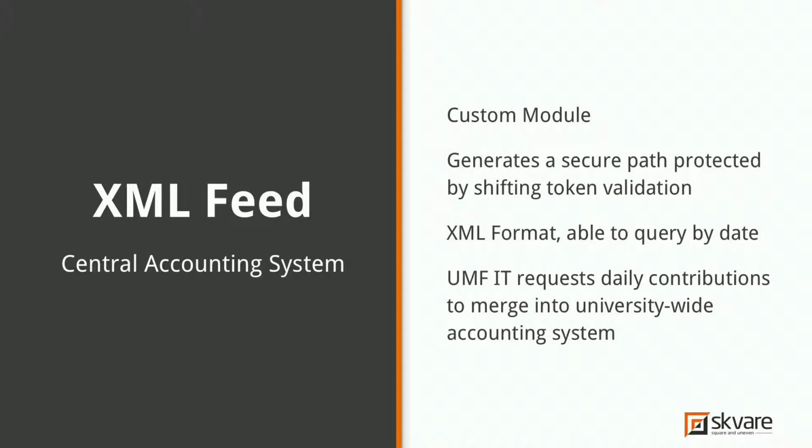We gave them the option to say, if you give us additional data, you'll have the ability to pull in additional data sets such as daily contributions for the last week or a particular date range, or you can even limit it down by other things. So it's almost like a filtering mechanism via the URL request.